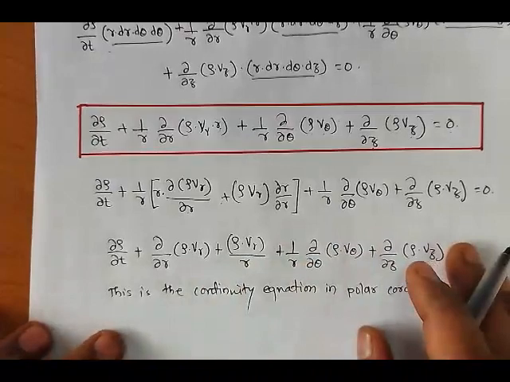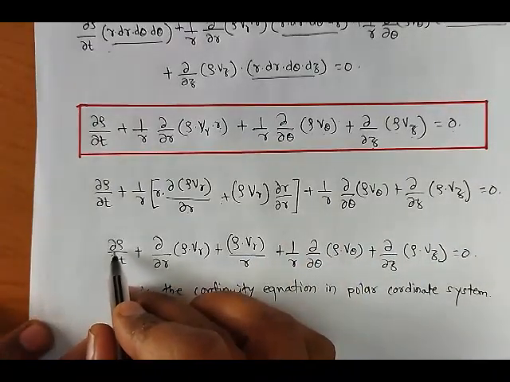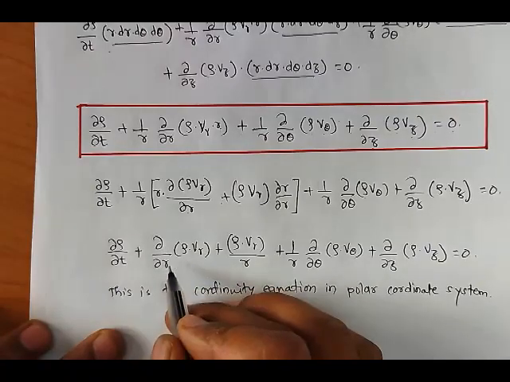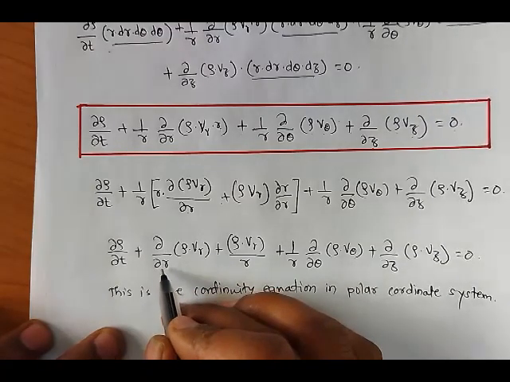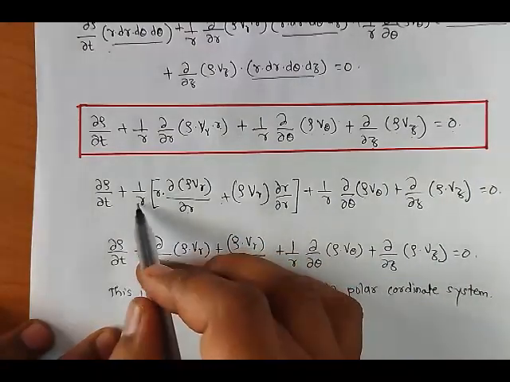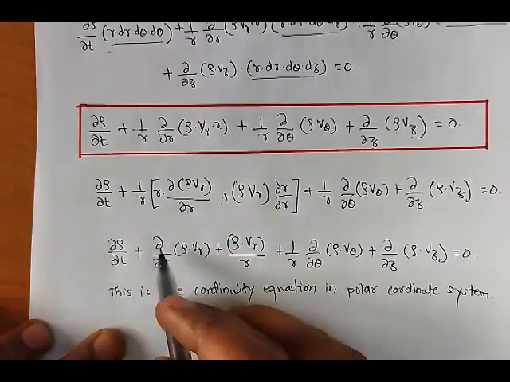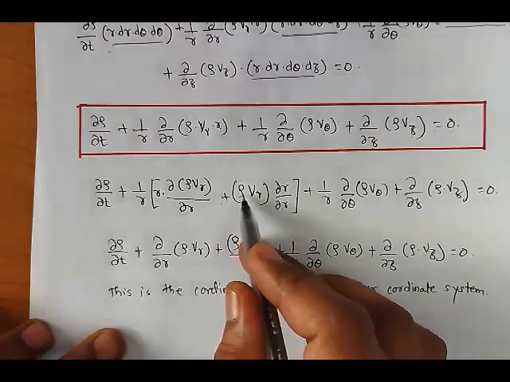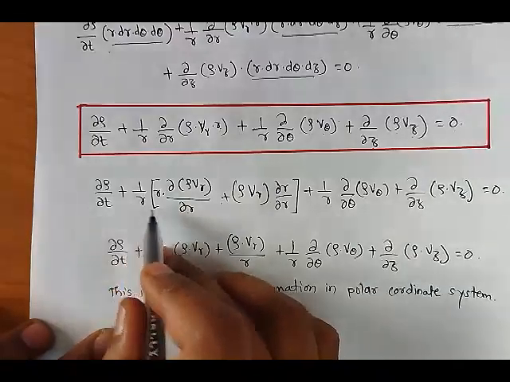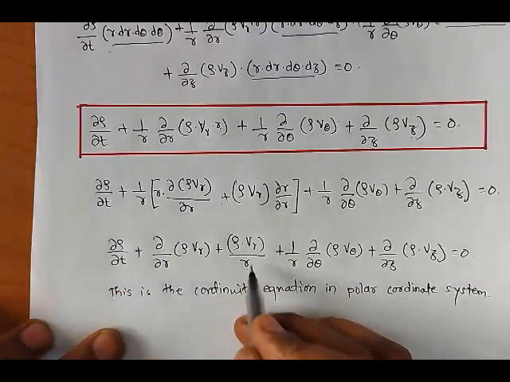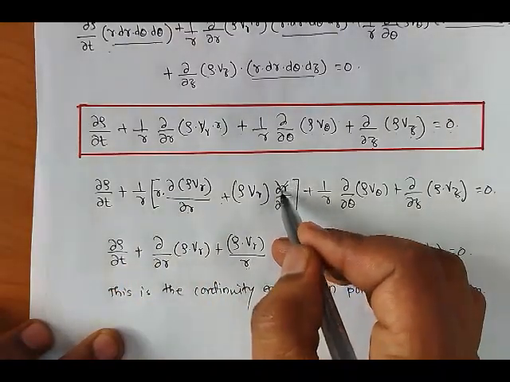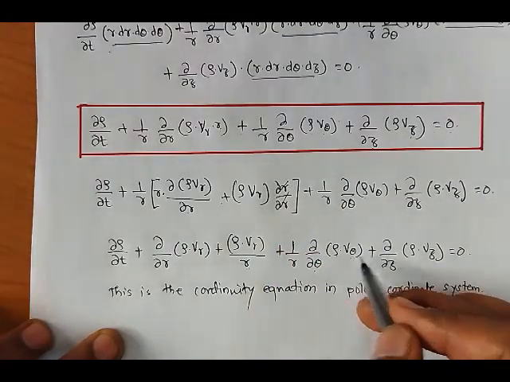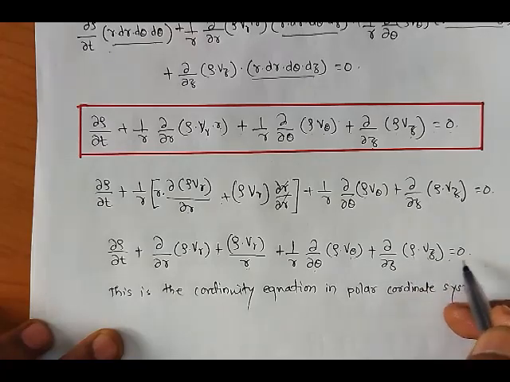So here we have the last equation: ∂ρ/∂t plus ∂/∂r of (ρ v_r), because the r cancels when you multiply 1/r into the bracket, plus ρ v_r divided by r, plus (1/r) ∂/∂θ of (ρ v_θ) plus ∂/∂z of (ρ v_z) is equal to 0.